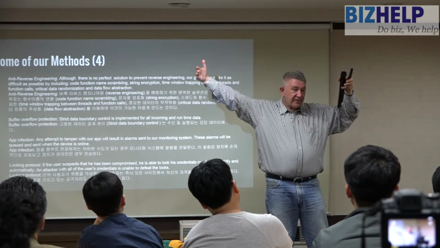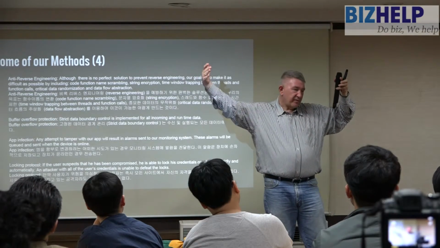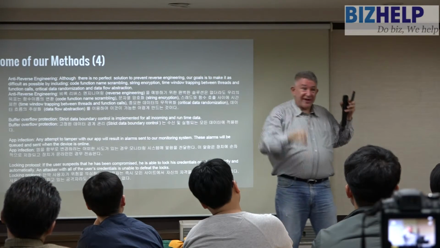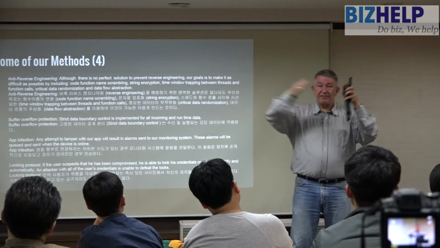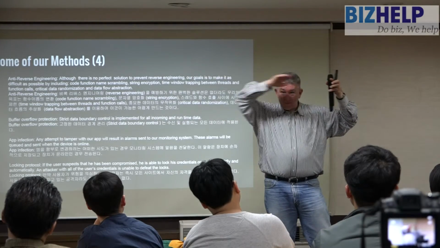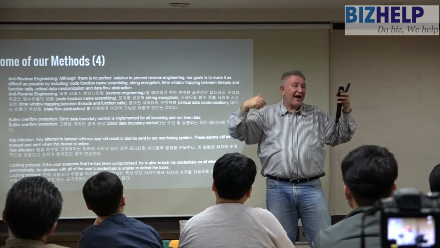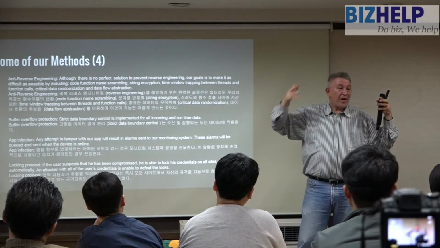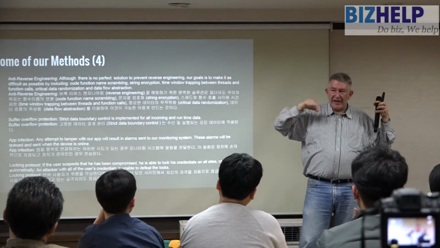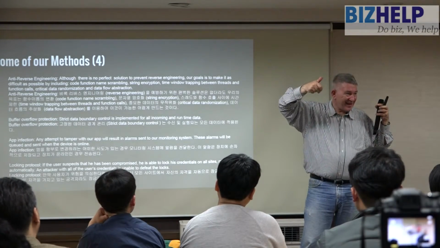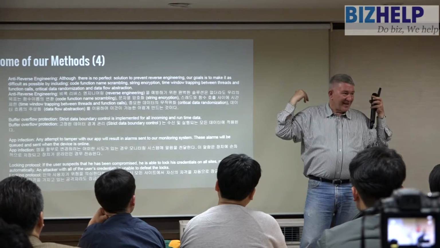Every string we store is extended to maximum length. We have a maximum length of 1K, so every string in our source code has a length of 1K. It's some random value. To get the real string behind it, when the code's running, as it uses a string, it gets the string value, XORs it with the key, gets the real string, and then applies it.